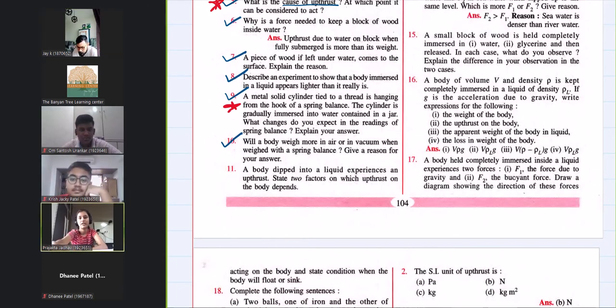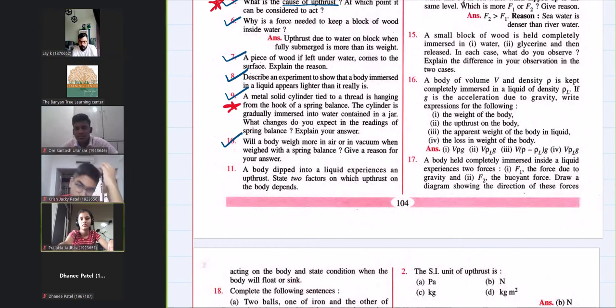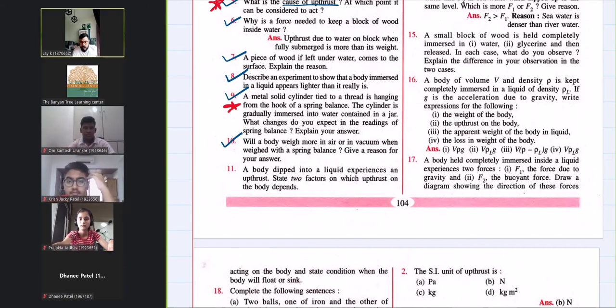Because the weight is the actual weight and it is gained by the gravitational force. No, but will the body weigh more in air or vacuum? So in air. You are wrong. Because air is a fluid, it will exert a little amount of upthrust.